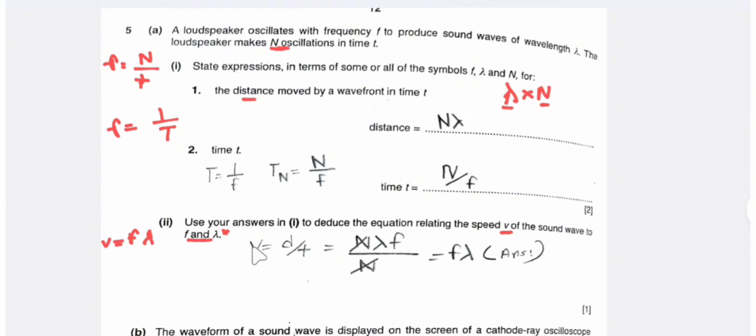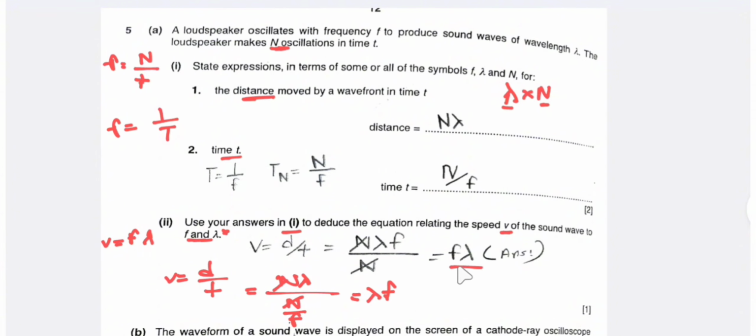We know the equation: velocity is equal to distance by time, and we must use our answers from A1. We know the distance and we know the time. So velocity, or speed, is equal to distance by time. The distance is n lambda, divided by the time, that is n by f.